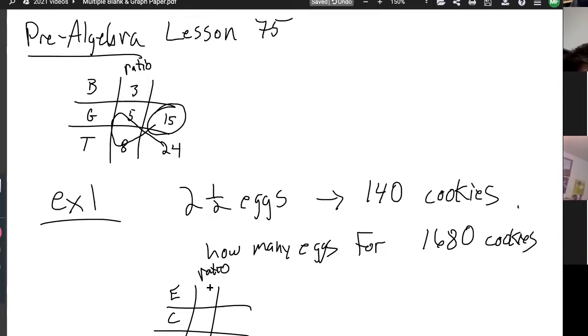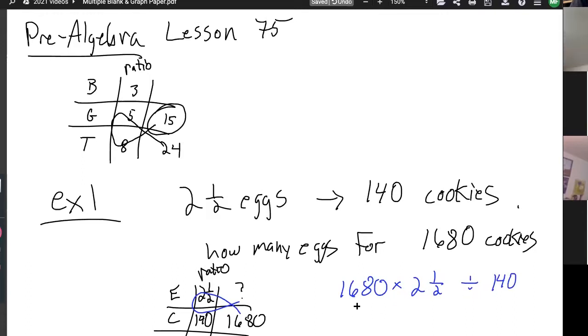So I want to know how many eggs for 1,680 cookies. So here's my proportion right here. That's nice. So I'm just going to fish method that. We're going to go 1680 times 2.5 and then divide it by 140. That's the fish method, right?